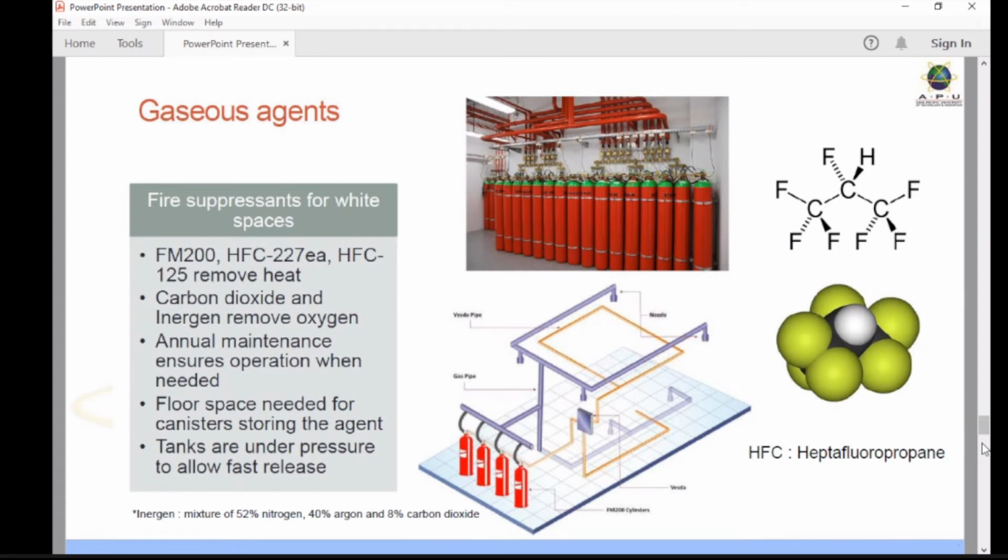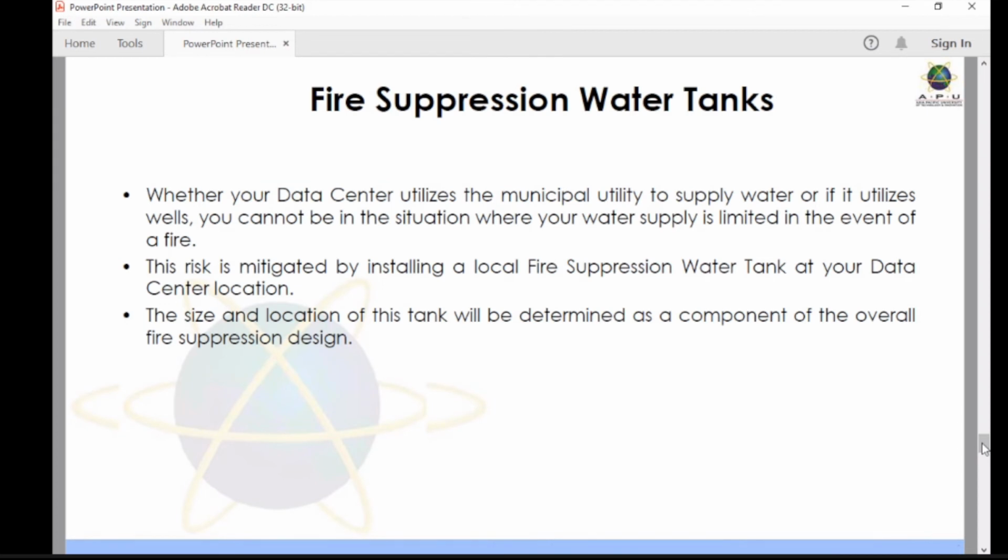And then like a can, okay, canister came from the word can. Tanks are under pressure to allow fast release. And if you pump air into the tank, it creates the pressure, okay, and it helps to release the agent faster. Fire suppression water tanks.